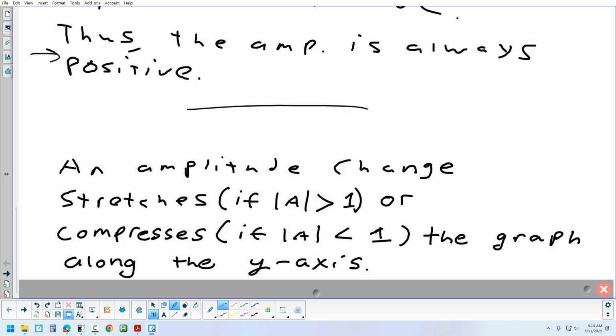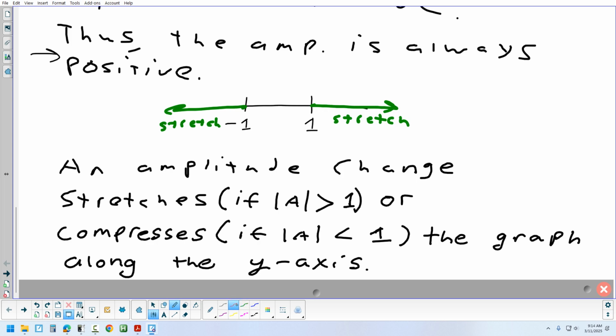So if you want to think of it on like a number line, this is the zone where things stretch. Stretch, stretch. Any number in the green area.